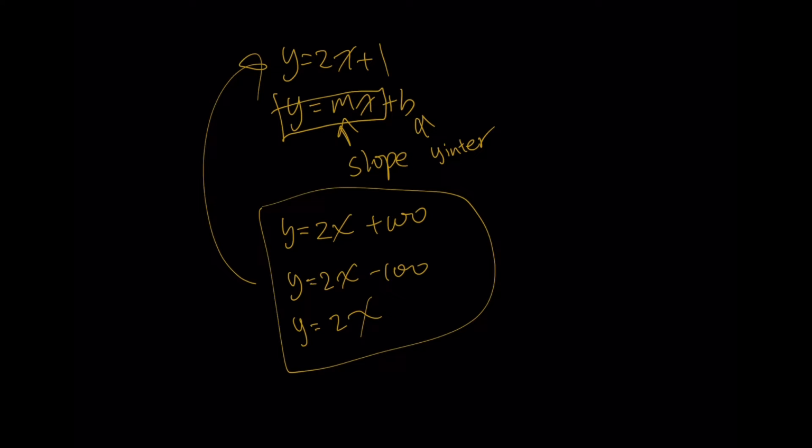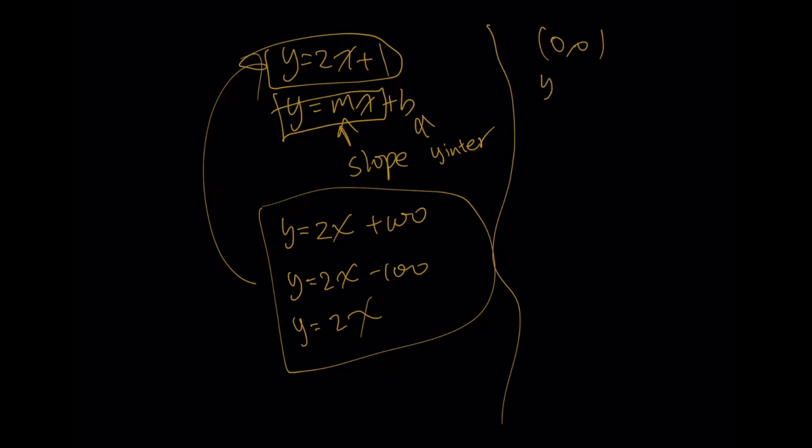Typically a test will go further. It will ask for an equation that's parallel to this equation and passes through a certain point. Let's start easy with 0, 0, the origin. I'll copy the mx part again: y = 2x + b.